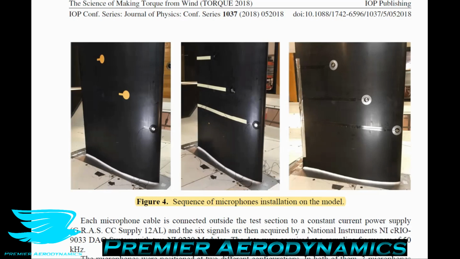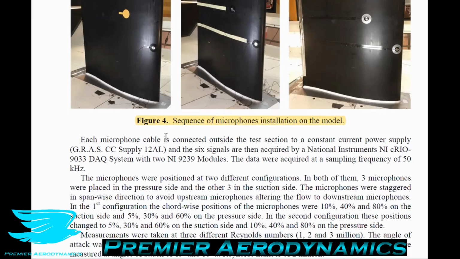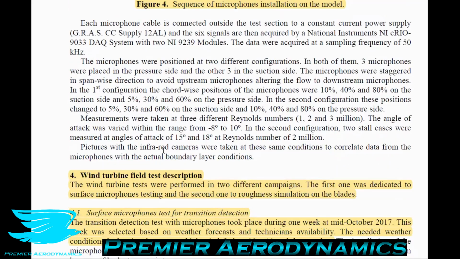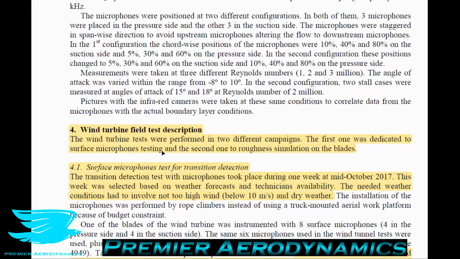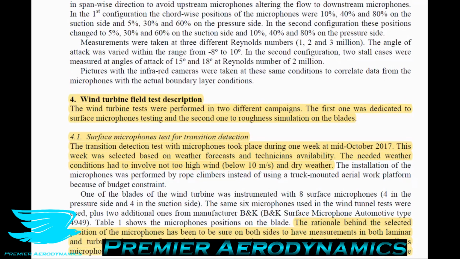They don't go too much into it in this paper, so I'm not really sure if that's how they do it. If you know anything about it, let me know in the comments below. Otherwise, I assume that they're looking at different temperatures based on different heat transfer rates, and they're using the infrared cameras to look at that. I'm not too sure. Anyway, they're using infrared cameras to correlate their surface measurements with the microphones to see how they line up.